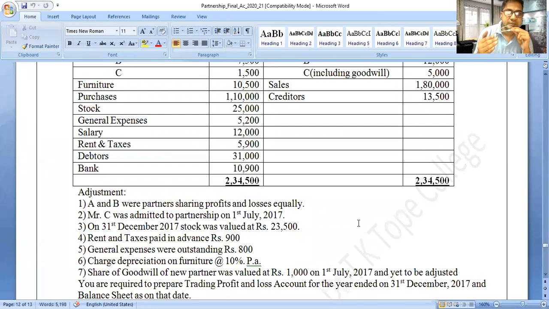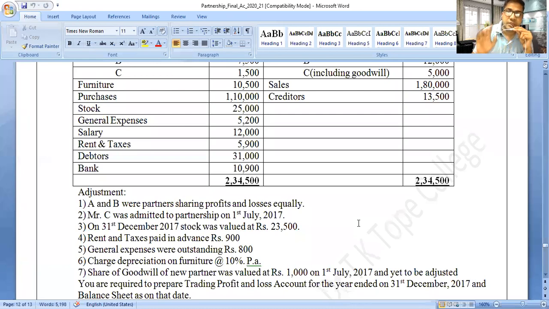Before preparing this, one thing to keep in mind: we will prepare the trading account, profit and loss account, partners' capital account, and balance sheet. These four accounts we have to prepare and finalize.